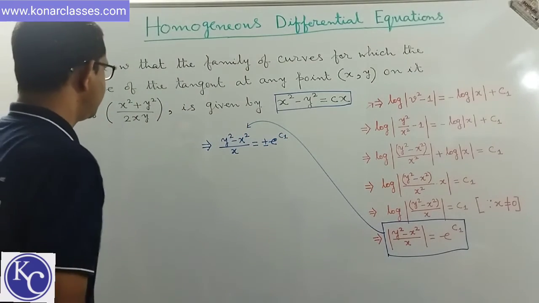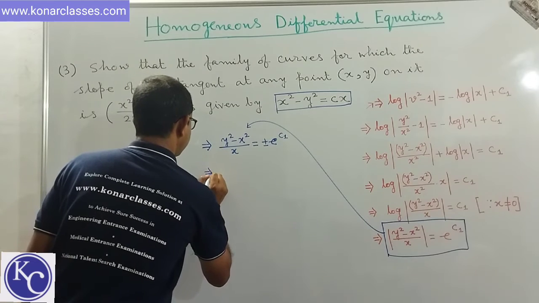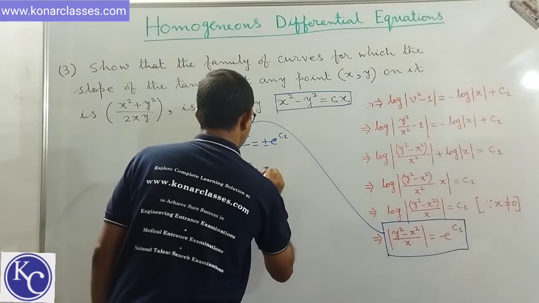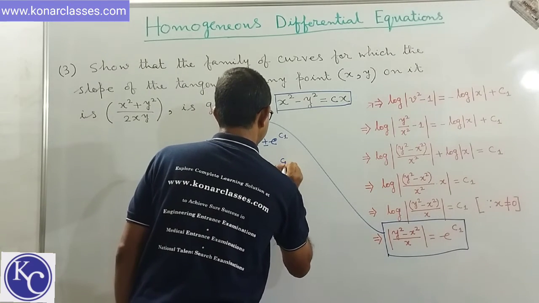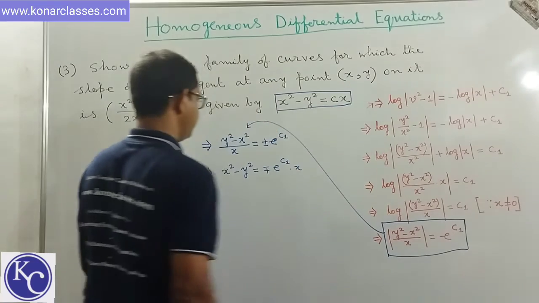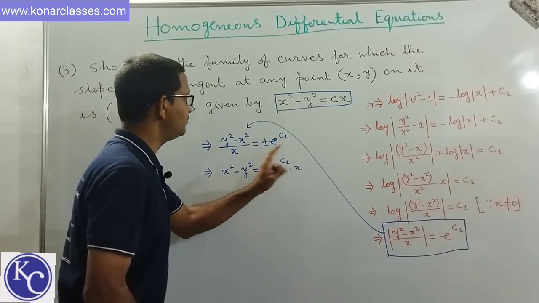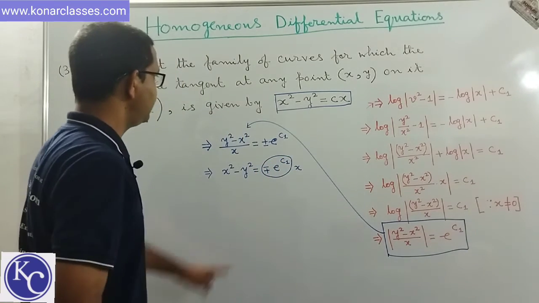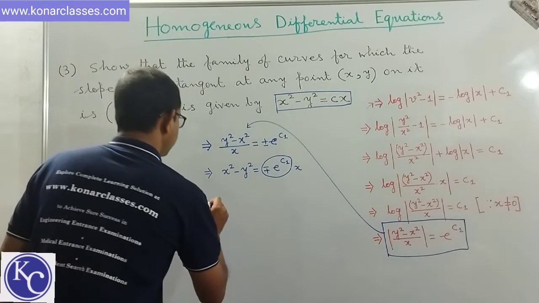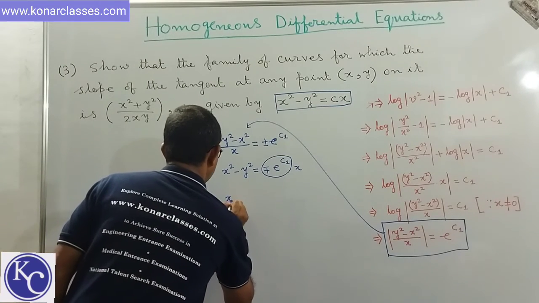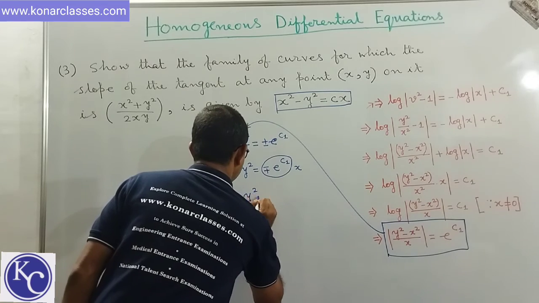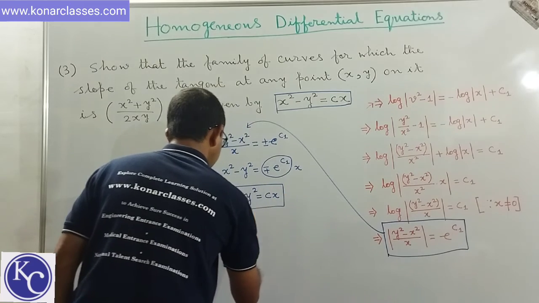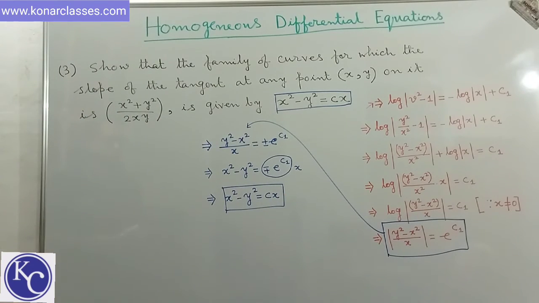Correct? So that implies x square minus y square is equal to minus plus e to the power C1 into x. Now this minus plus e to the power C1 we can consider as a new constant C, to show it is in this form. So this implies x square minus y square is equal to Cx. This is the required equation of the curve, the family of curves.